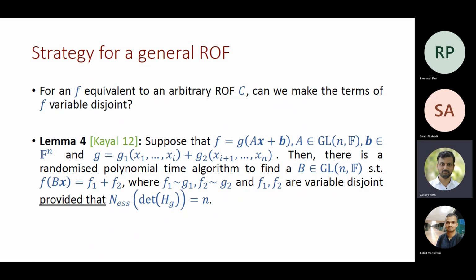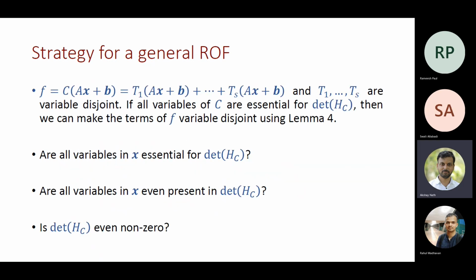However, this algorithm only works when the number of essential variables of the Hessian determinant of G is n. That is, every variable that appears in G is essential for its Hessian determinant. So in our case, f is equivalent to C in ROF, and C is just a sum of t1 to ts. So f is equal to t1 plus up to ts.